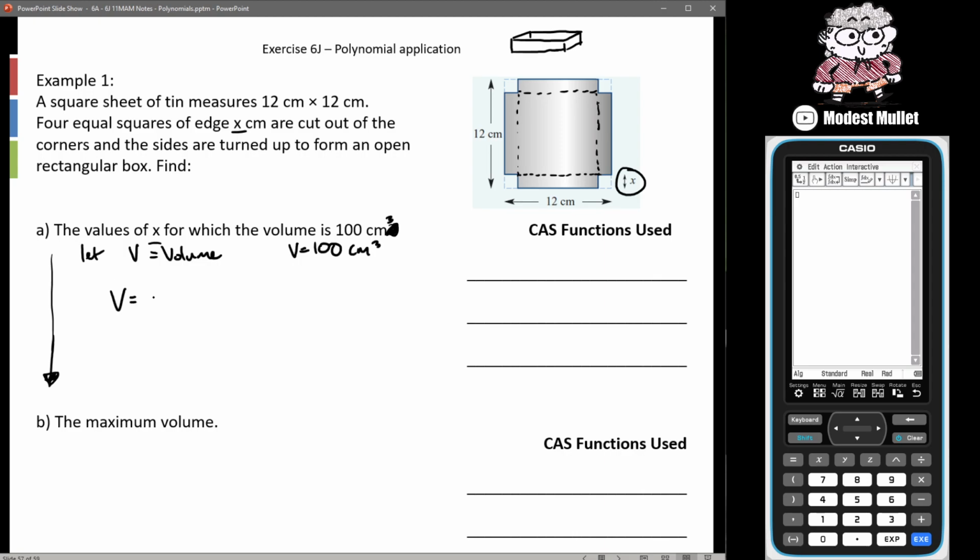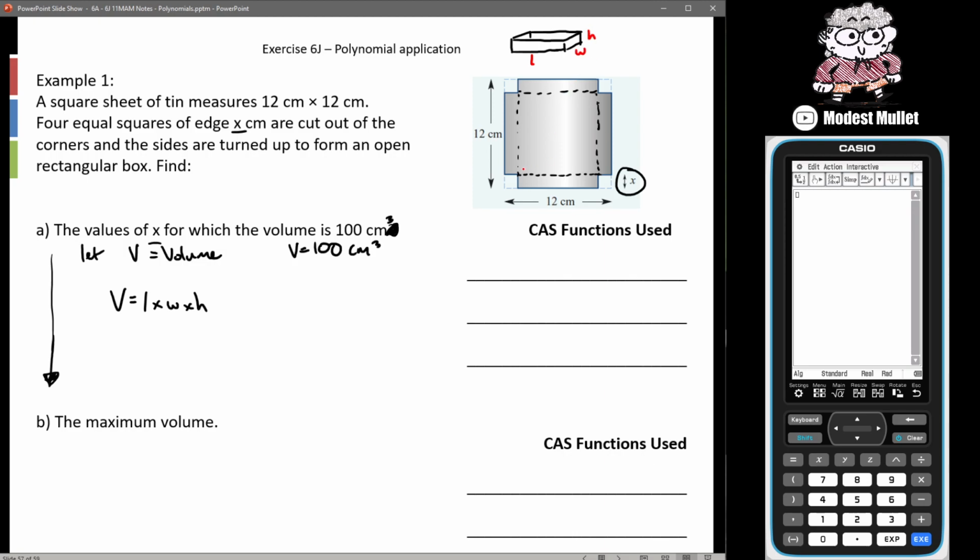The volume of a rectangular prism is length times width times height. So let's have a think about what is going to be the length, the width, and the height. Let's come back up to our diagram.